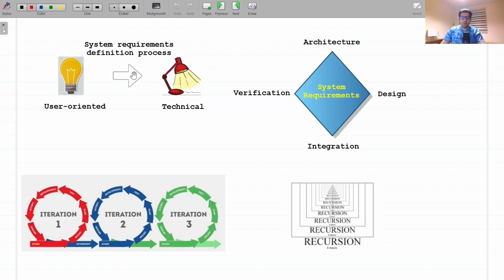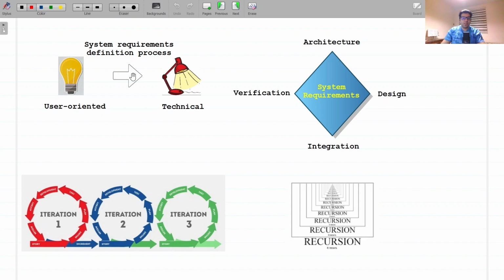The system requirements definition process generates a set of system requirements from the supplier's perspective, using the stakeholder requirements that reflect the user's perspective as the basis. The system requirements specify the system characteristics, attributes, functions, and performance that will meet the stakeholder requirements.